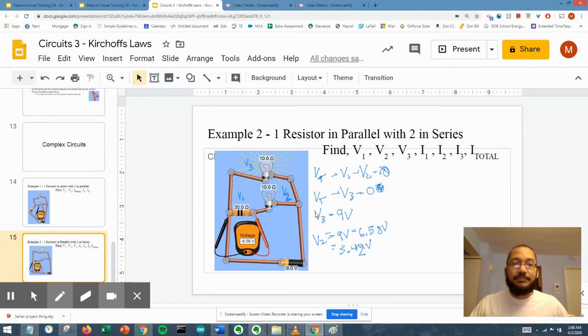And now the currents. So the junction rule here is I total is equal to I1 plus I3. If I knew I total or I3, then I could solve for I1. Actually, I basically have all the information I need. If you were to write that VIR chart, you'd see you have enough to solve for what you need.